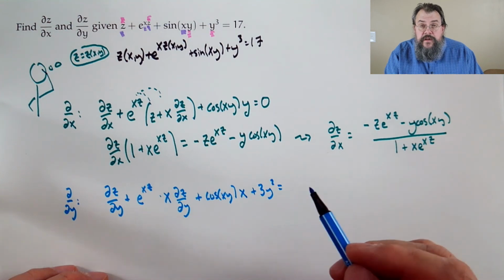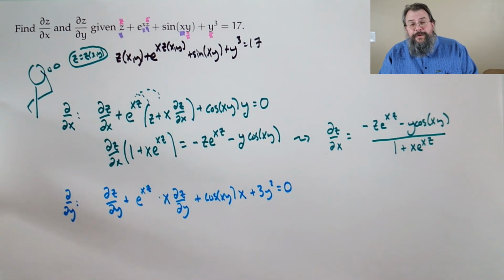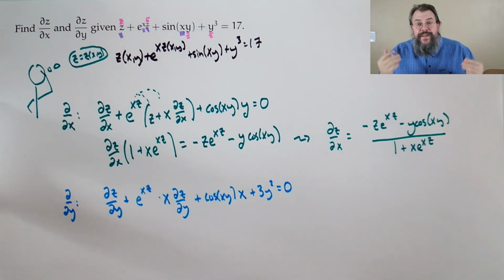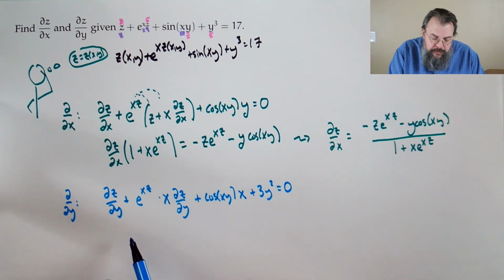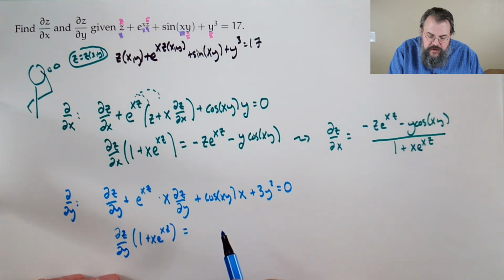Take the derivative of the other side. Derivative of 17, still 0. Doesn't matter with respect to x or with respect to y. 17 is 17. So, pull out the partial z partial y. It's actually a little bit easier here, isn't it? So we get 1 plus x e to the xz. Move the other terms across.